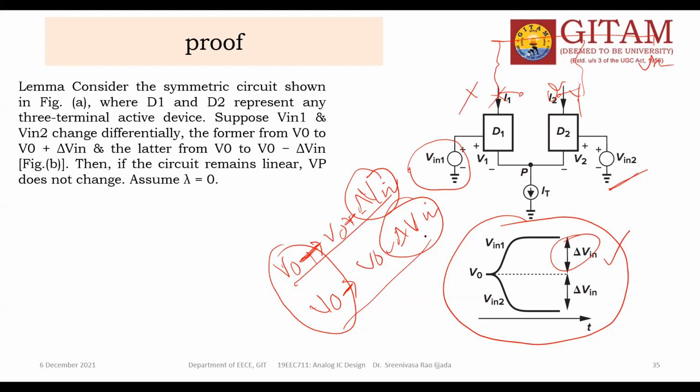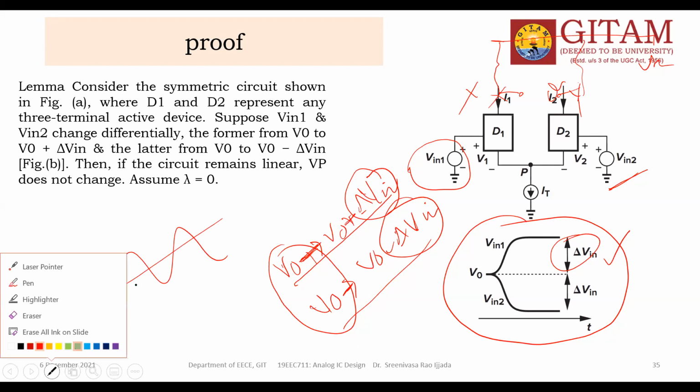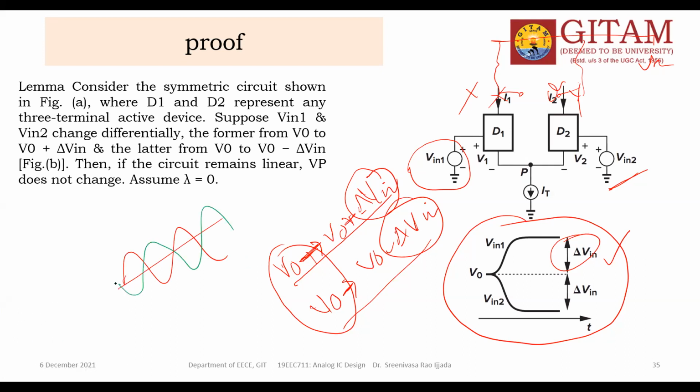Common mode voltage. So one is going like this and the other is going like this. It is varying from this reference voltage. So I can say VCM, or VNCM, whatever it may be, the common mode voltage.